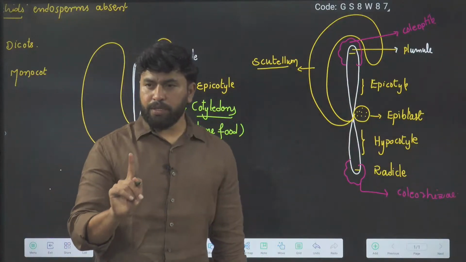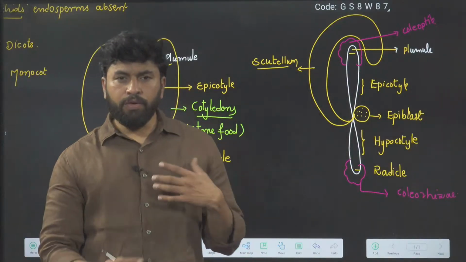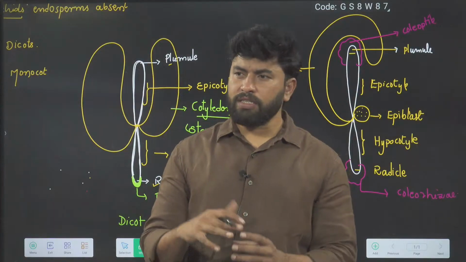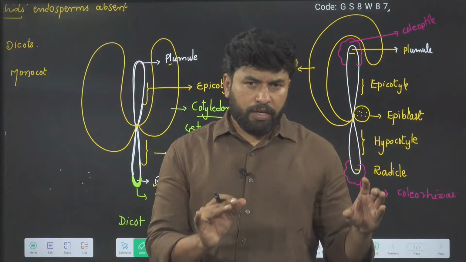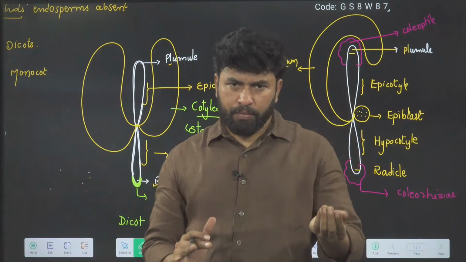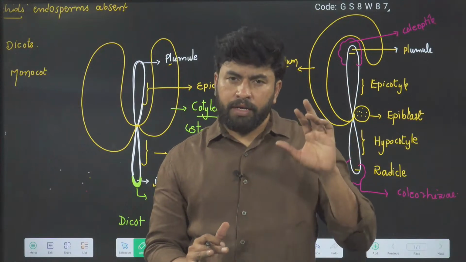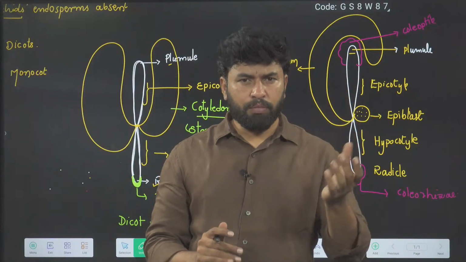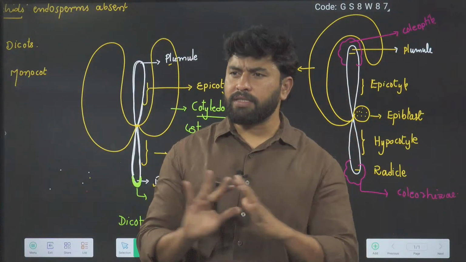Now I would like to mention one thing. When you are talking about the embryonal axis, both in monocots and dicots, at the cotyledon attachment area, above it is epicotyl, below it hypocotyl. The hypocotyl tip is called radicle, the epicotyl tip is called plumule. Up to here the statements are the same.